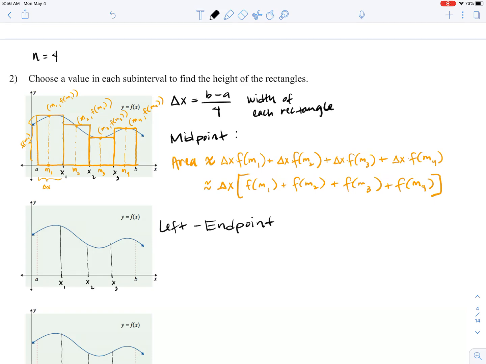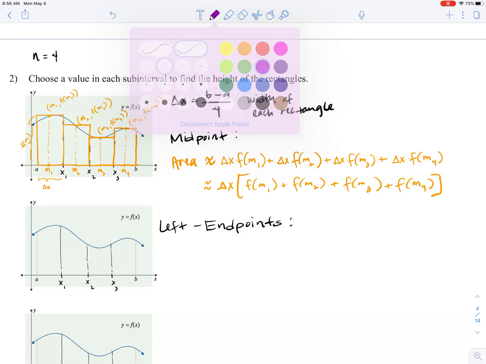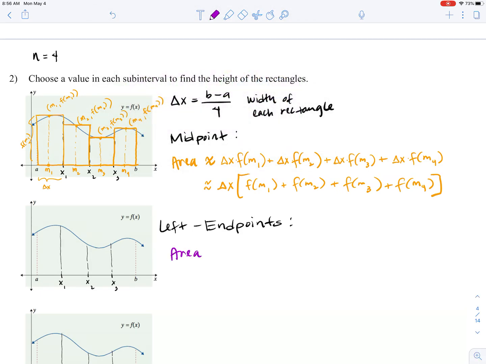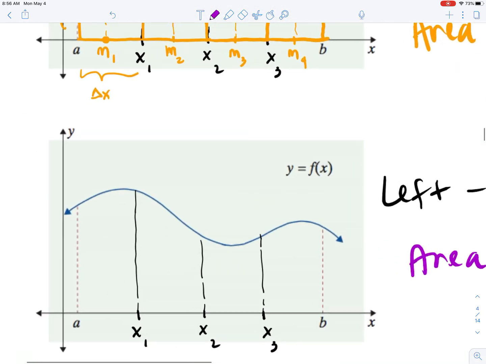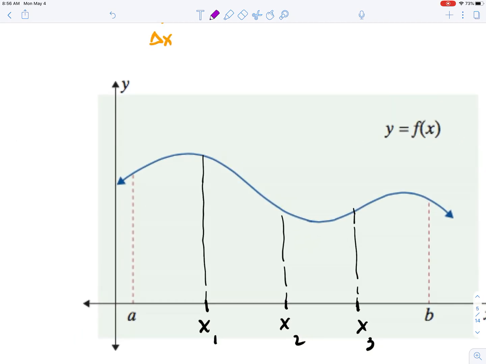Whenever we use the left endpoint of the subintervals to find the heights of the rectangles, I'll use purple this time, so it's still an approximation.